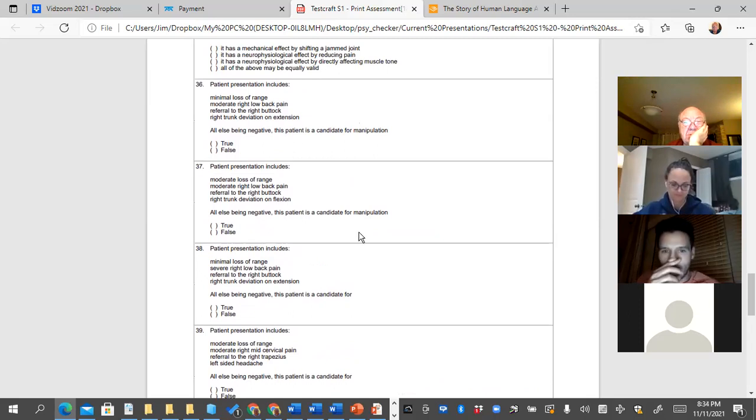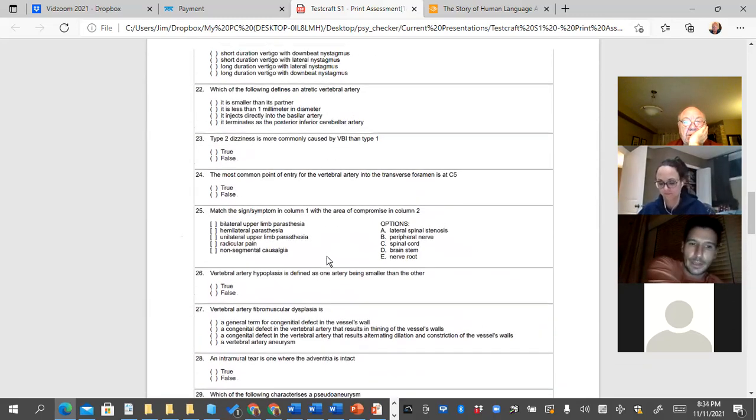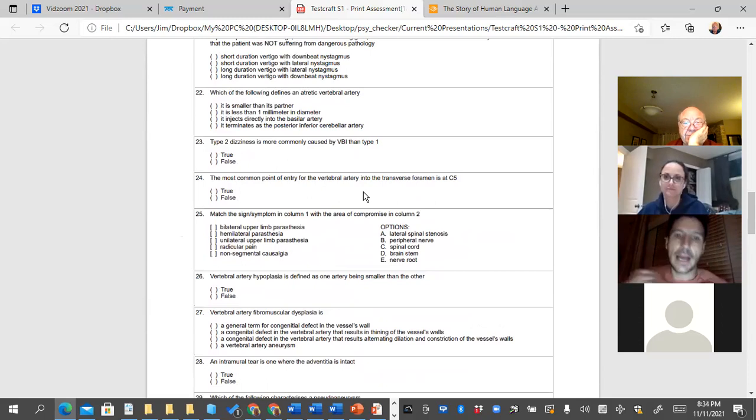I think the one on declines, I forget if it was sensitivity or specificity. The declines test is going to be extremely sensitive for anything that causes dizziness, because that's what it's picking up.